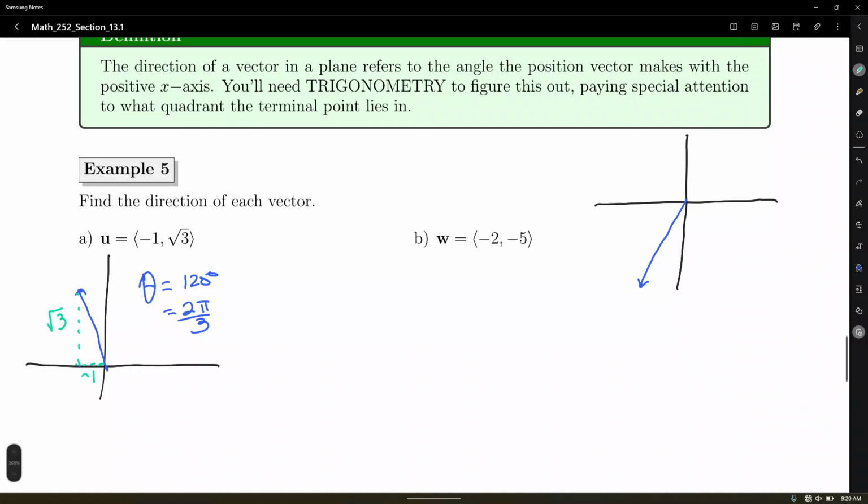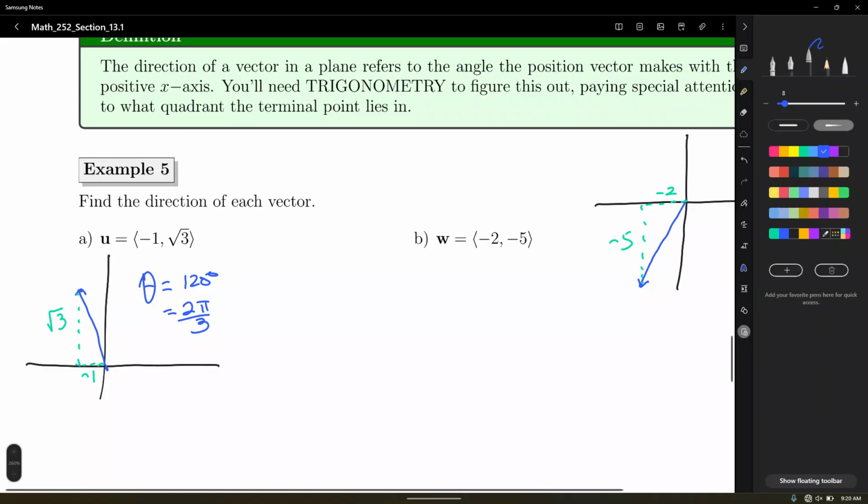But the question here is, is this one of those special triangles from the special triangles or unit circle? No, not in this case. How do we get the angle here? The arctangent function.